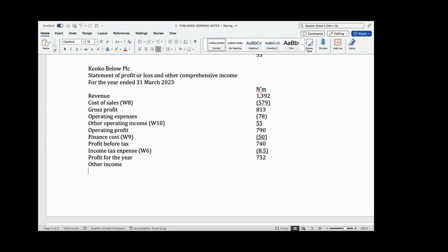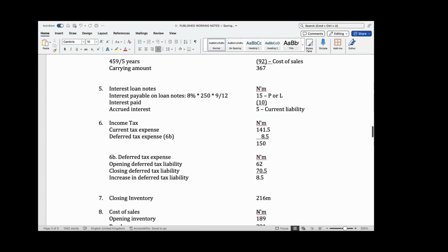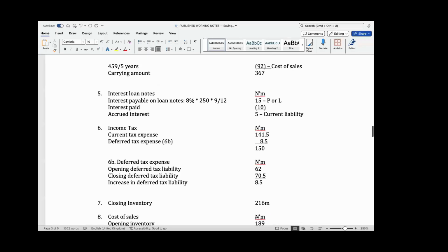Sorry, sir. What of the income tax, the current income tax of 141.5? Yeah, sorry. What did you say? I said the income tax of 141.5. Oh, that's true. Is this 150 you should pick? The addition of the two.